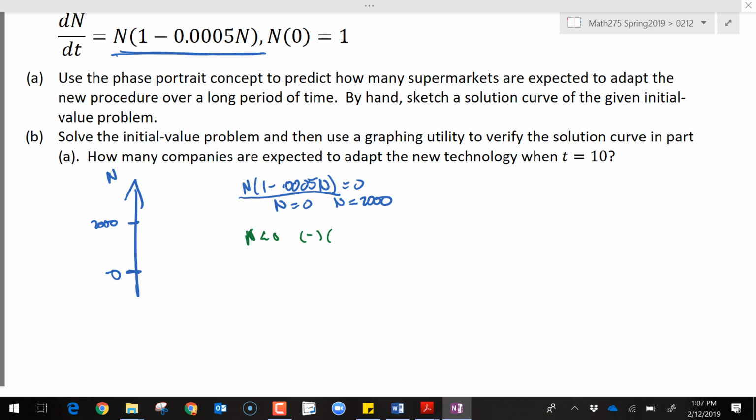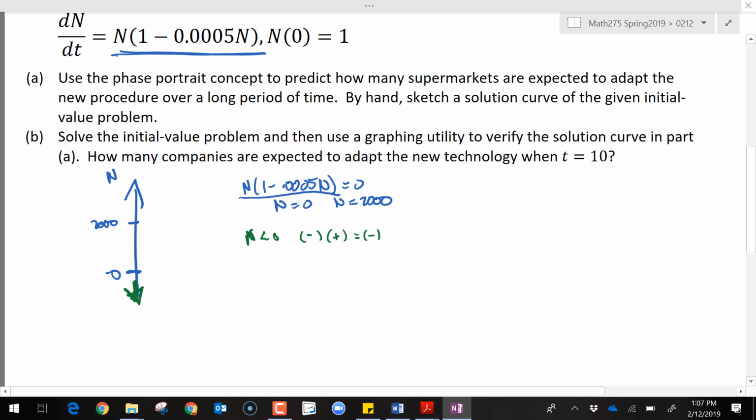So that's basically 1 plus something, right? 1 plus something is going to be positive. So this is going to end up being a negative. I'm using green, by the way. The first color was blue, and now I'm using green. So I'm going to get a negative, so my phase portrait below the 0 will be going down.